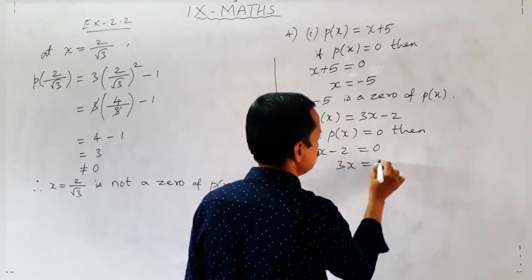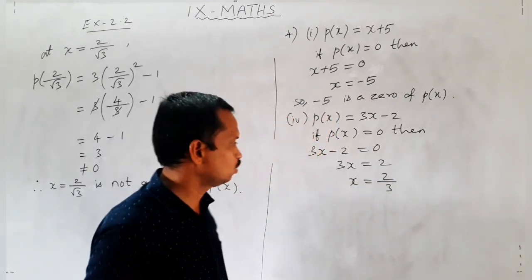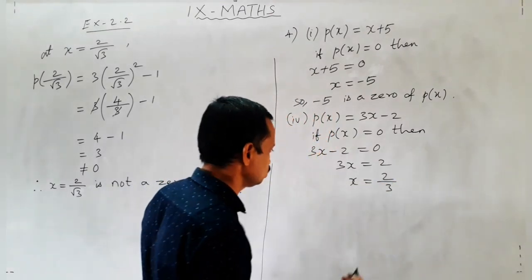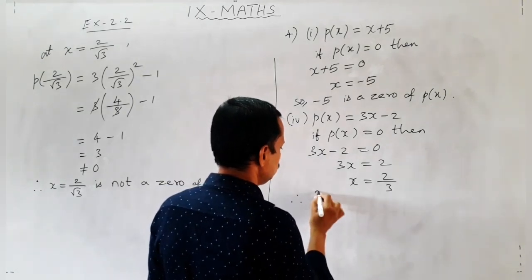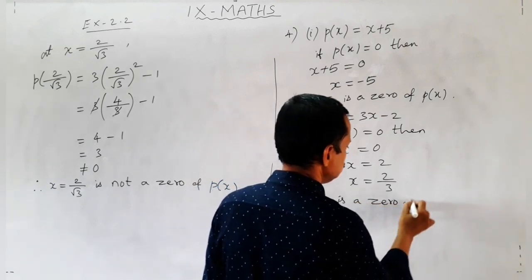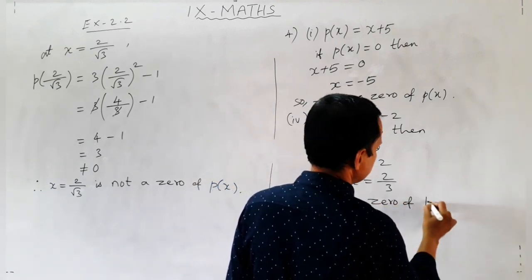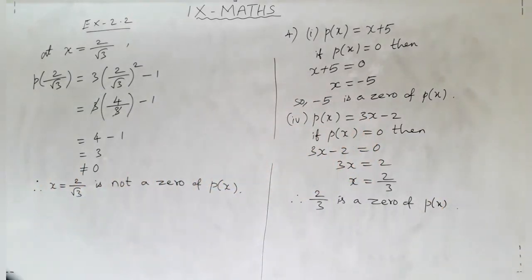So 3x equal to 2, x equal to 2 by 3. You see how I got it? The value of x, so solving for x, that's all. Therefore 2 by 3 is the zero of this p of x. Clear or not?